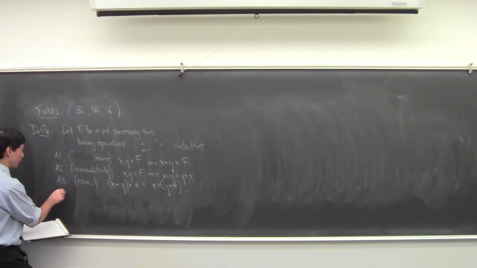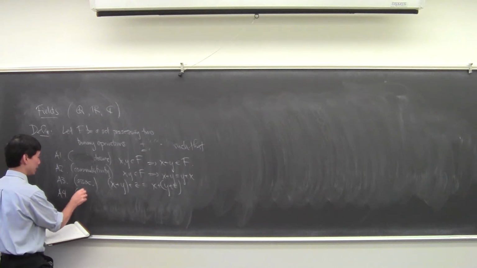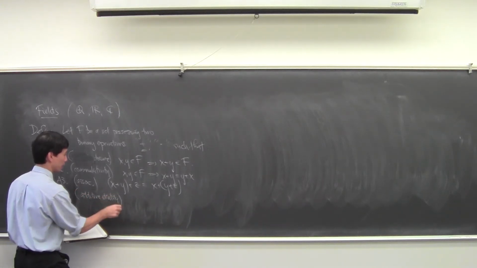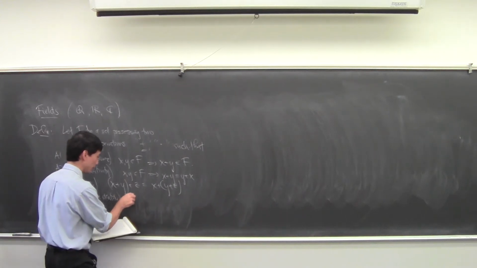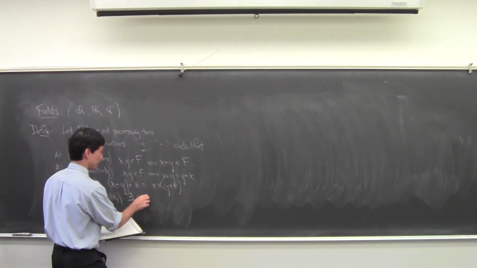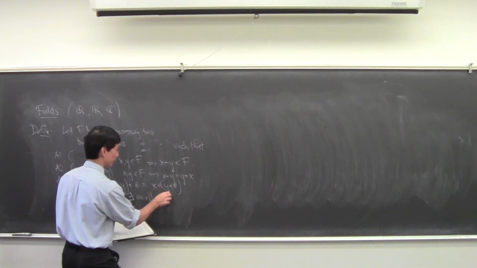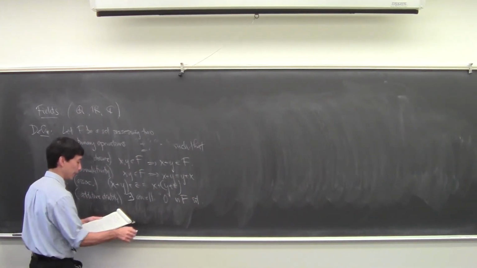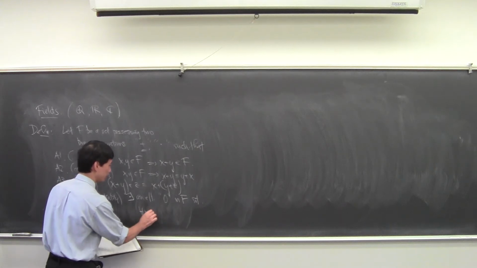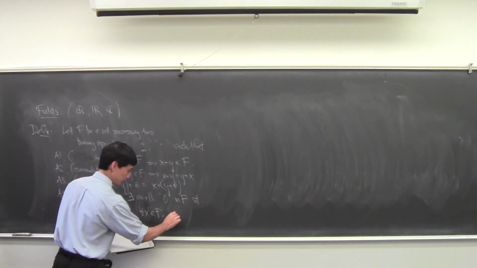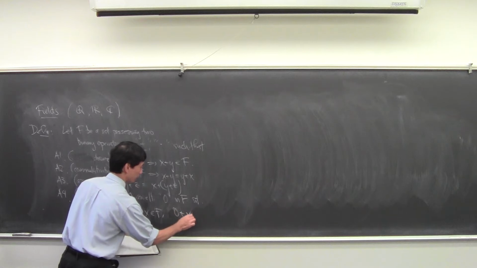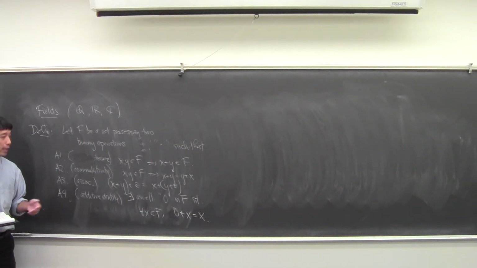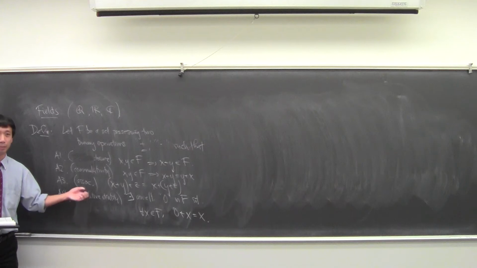Number four, the existence of an additive identity. There exists an element called 0 in F with the property that for all x in F, x plus 0 equals x. So this is a guy in your field, and whenever you add him to somebody, nothing happens.